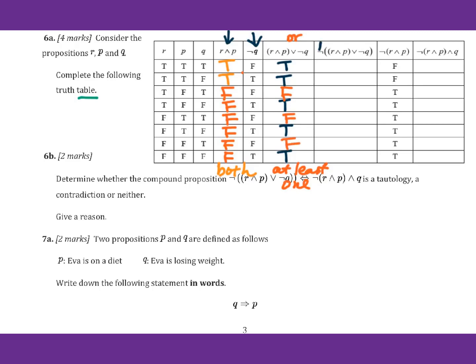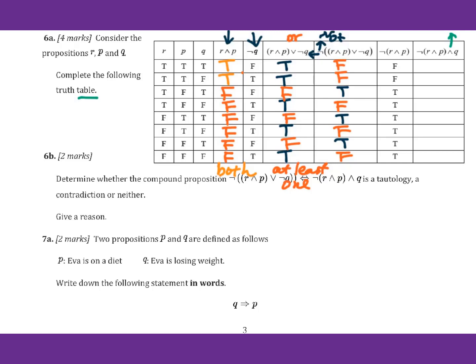Then we do not to this column. We have false, false, false, false. Here's a false. Then this will be true, true, true. Last column, this is and.